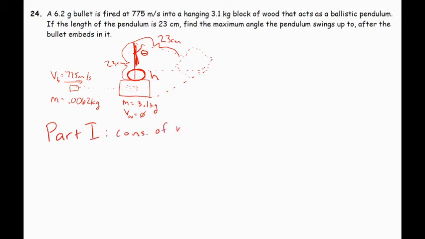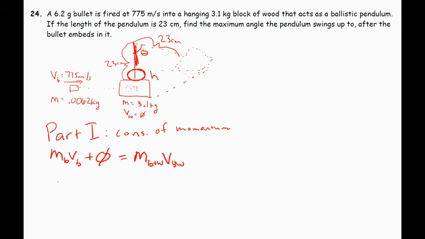Conservation of momentum. Okay, and we know that the mass of the bullet times the velocity of the bullet, plus 0 is equal to the mass of the bullet plus the wood times the velocity of the bullet plus the wood, okay? And it's because it embeds in there, okay?